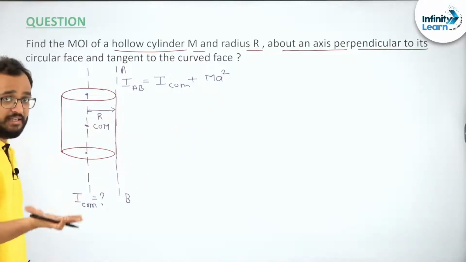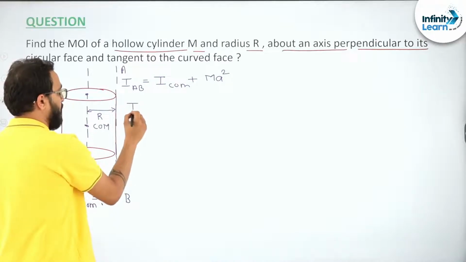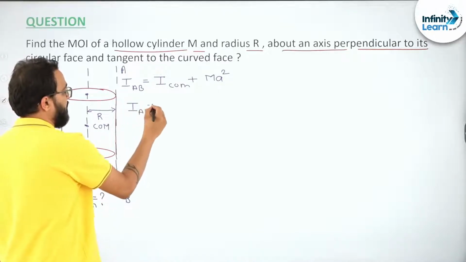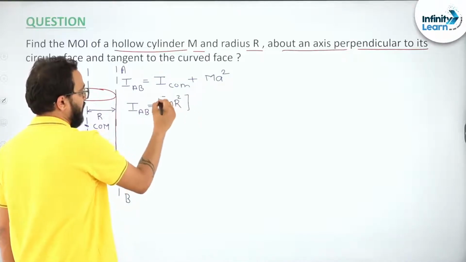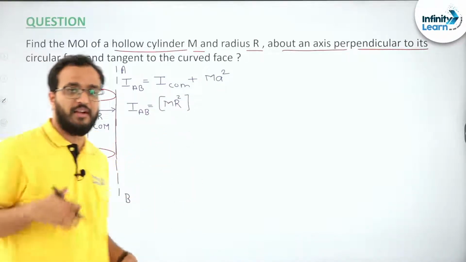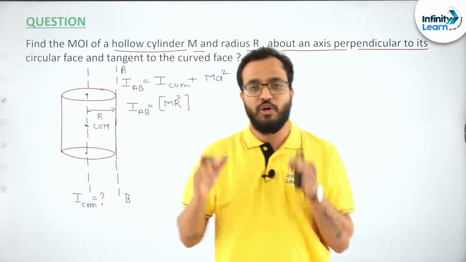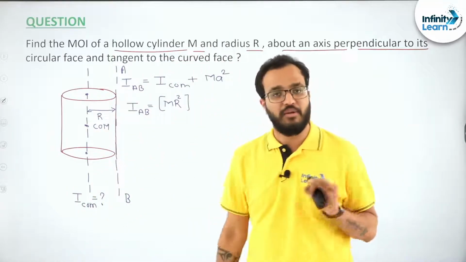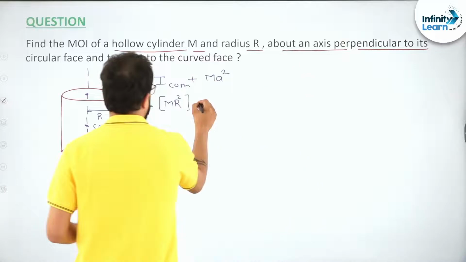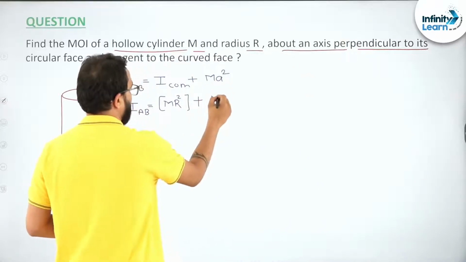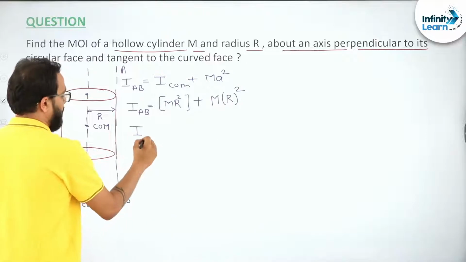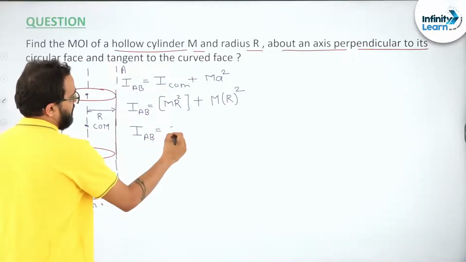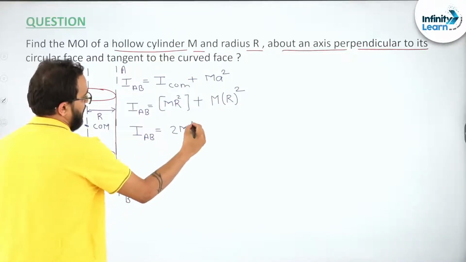You will say, sir, R, the radius of the cylinder. So I_AB will technically become M R square. This we already know: the moment of inertia of a ring or a hollow cylinder about its central axis is M R square only. Plus M into a, which is equal to R only. So don't you think I_AB will become 2 M R square.